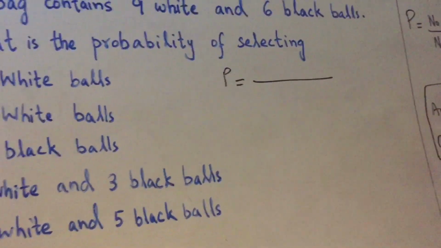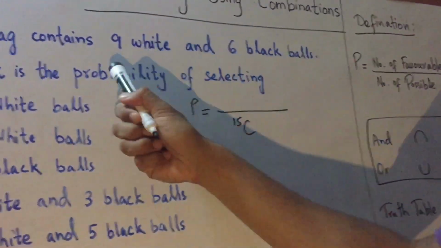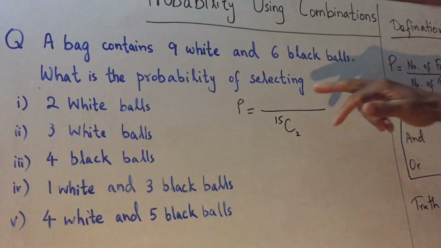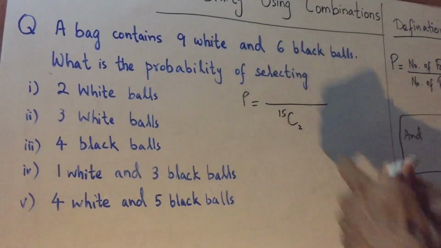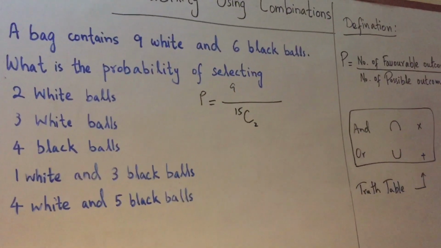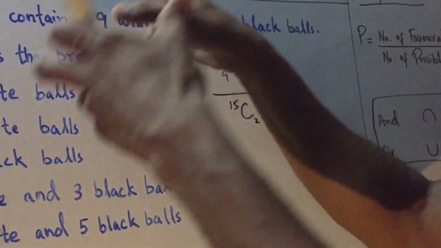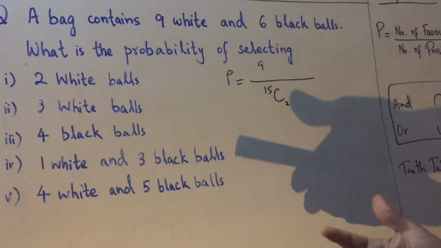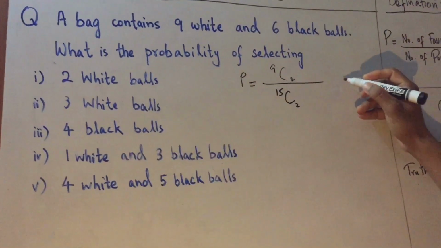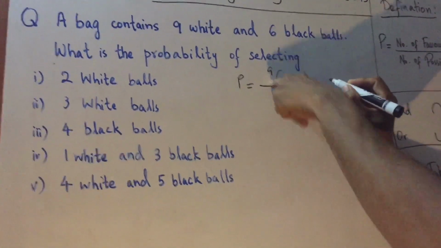In the denominator, the number of possible outcomes, we have 9 plus 6 is 15 balls, and we want to select 2 balls. In the numerator, the favorable outcome is what we desire: 2 white balls coming from 9 white balls, so there are more chances. So 9C2. This is the answer, and we can solve the combination further.